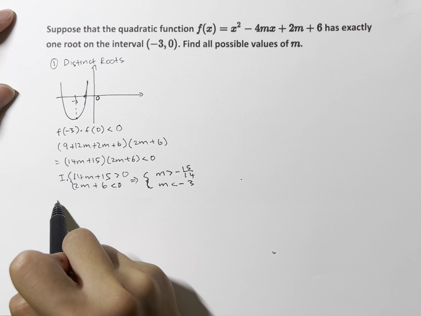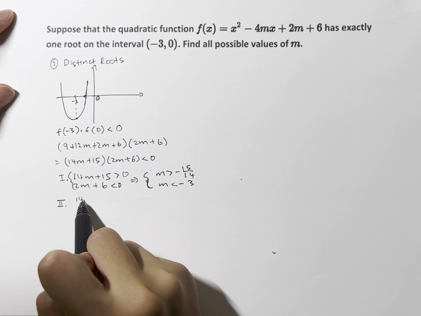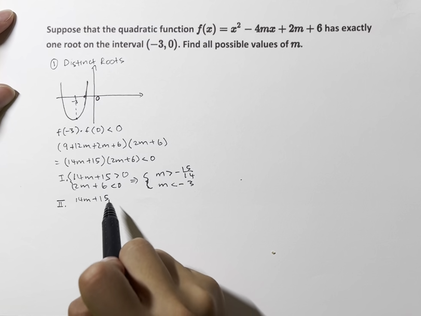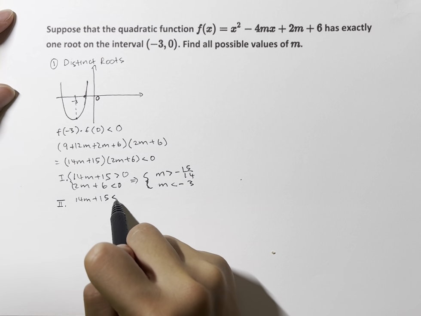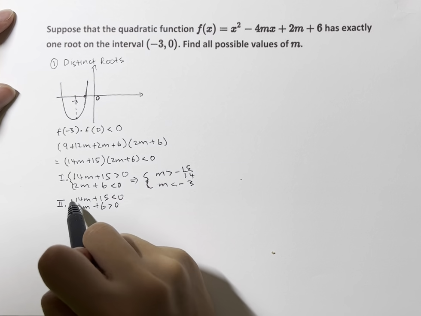Then the second case: 14m plus 15 less than 0, while 2m plus 6 greater than 0.